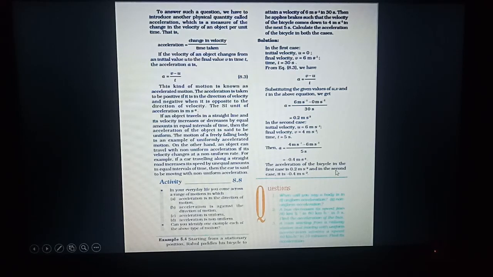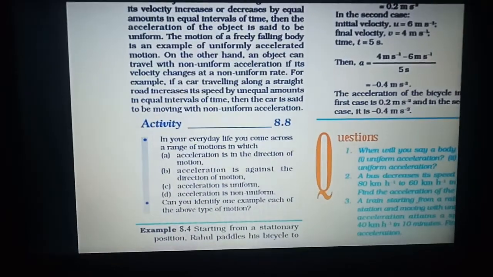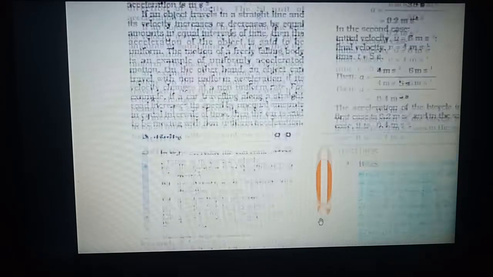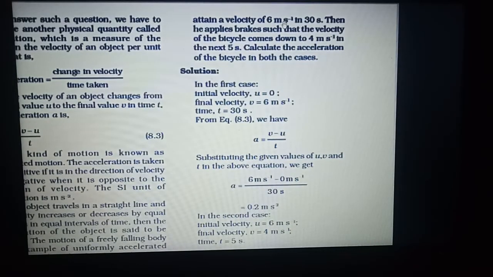Now again proceeding towards the next example, which is related to today's equation of motion. If I am zooming it out again, you can see example 8.4. Starting from a stationary position, Rahul pedals his bicycle to attain a velocity of 6 meter per second in 30 seconds.